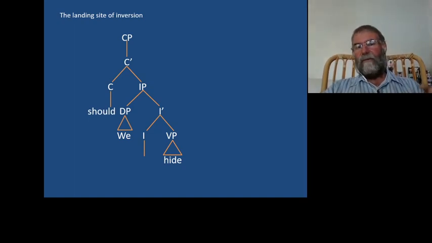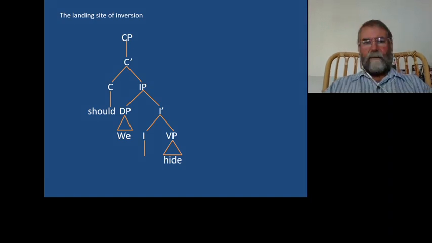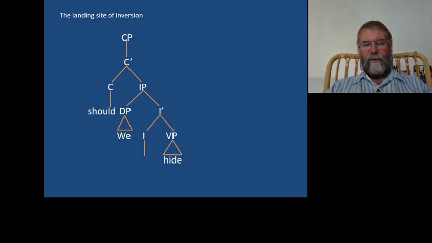Main clauses don't fill that complementizer position with an overt complementizer, so it looks as though what we could do is move the inflection into that position too. So our analysis of these interrogative clauses involving inversion is movement of the inflectional element into the complementizer position.